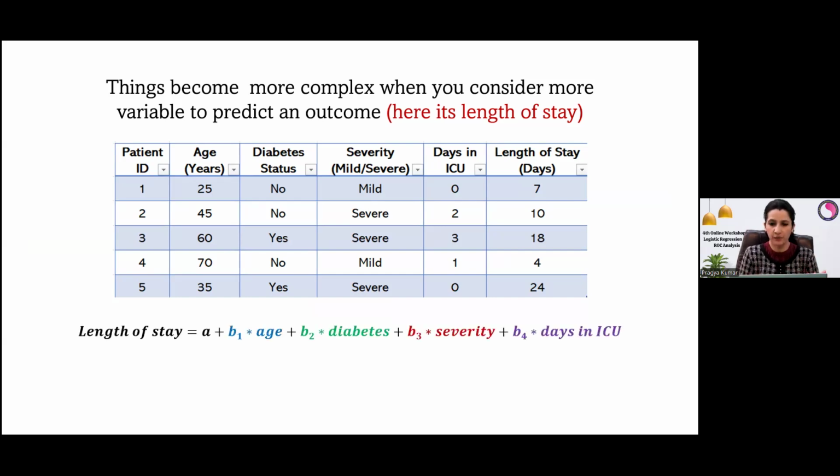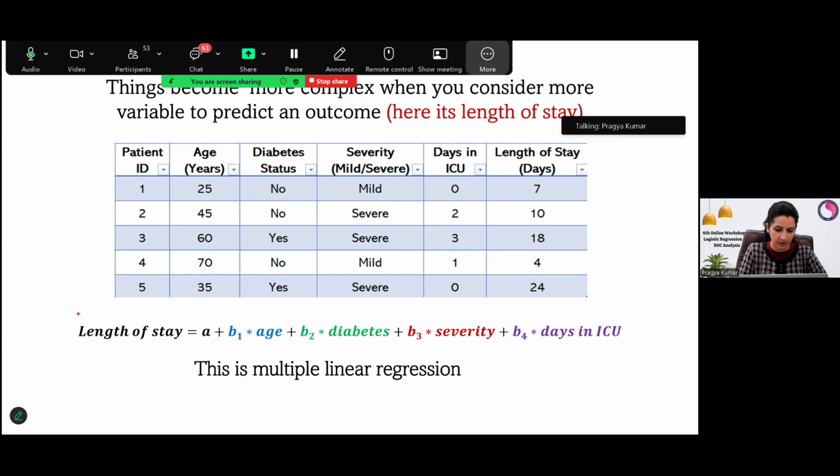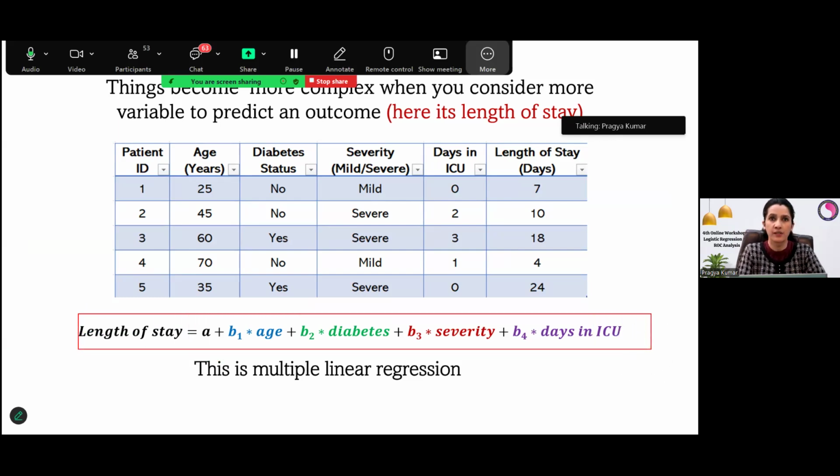So the equation for length of stay will be the intercept A, plus B1 into age, plus B2 into diabetes, and so on. B1, B2, B3 and B4 are the coefficients for the various predictors: age, diabetes status, severity and days in ICU.